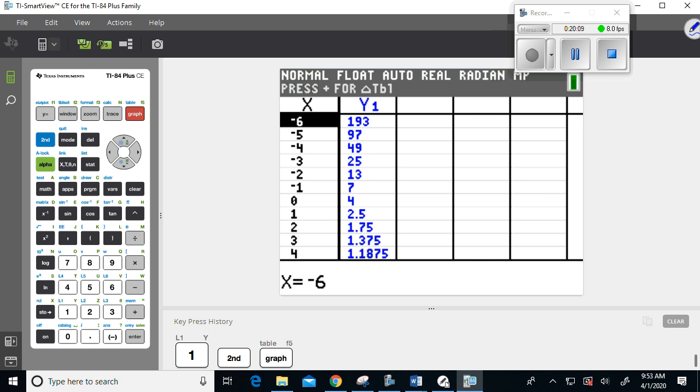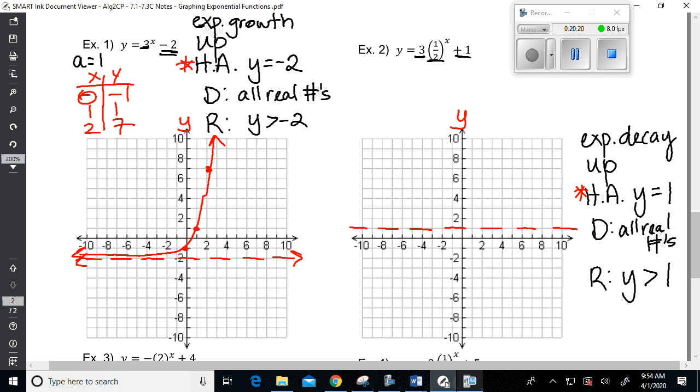It looks like here are 3 points that I can use: negative 1 comma 7, 0 comma 4. The last one was 1 comma 2.5, which is not that bad. 0.5s are easy to graph, so graph them.